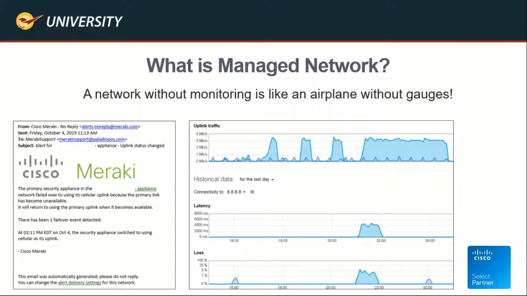So those historical metrics and those trending metrics are really important in our ability to help manage your network and ensure your network stays happy and healthy. Don't know the terms latency and packet loss? No problem, doesn't matter. That's our job to help you with that sort of thing.